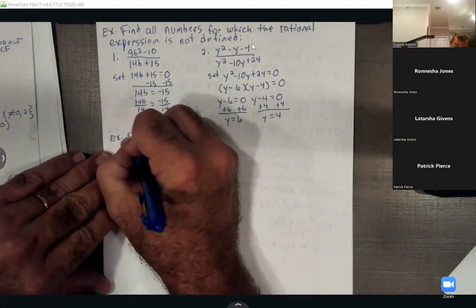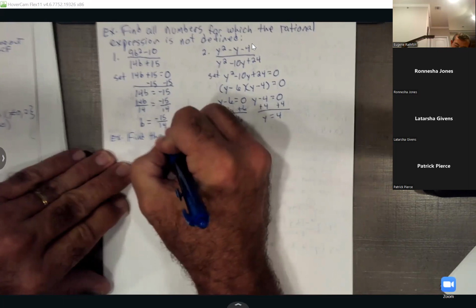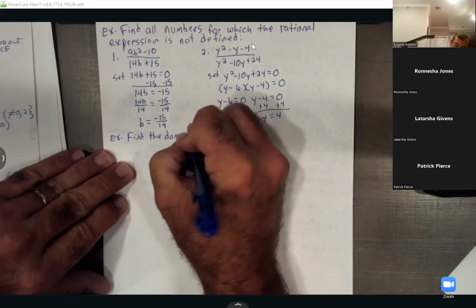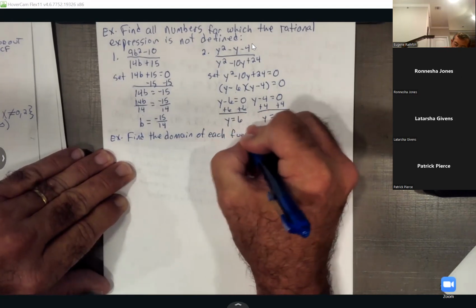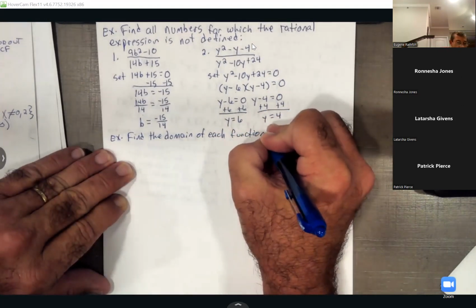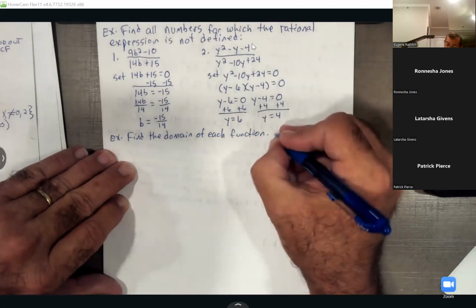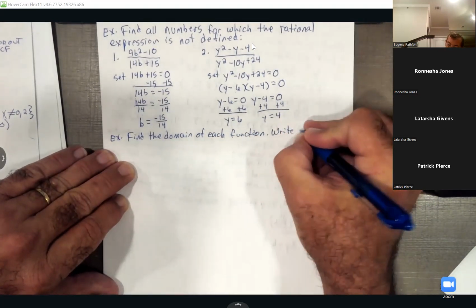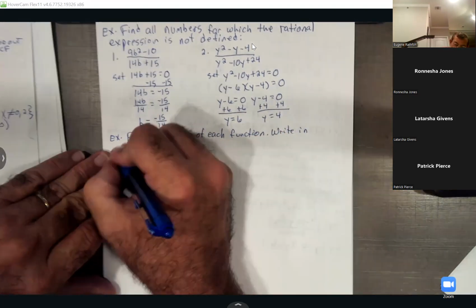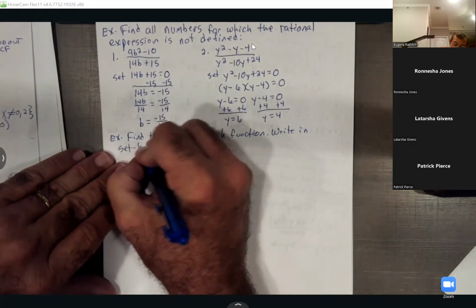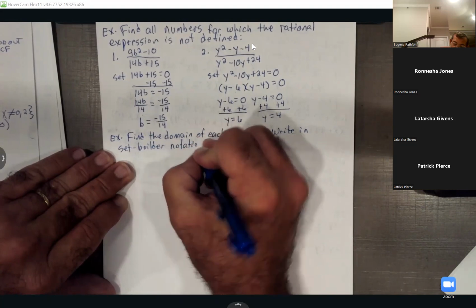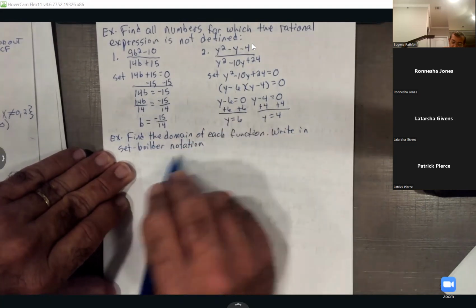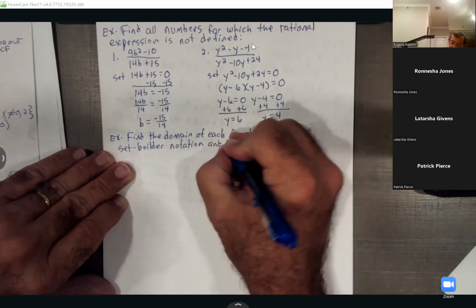So we're going to find the domain of each function. We're going to write it in set builder notation and interval notation.